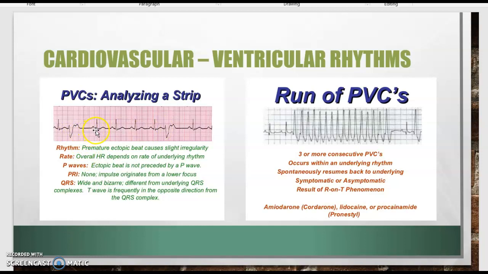You can measure out your PR interval, and just by glancing at it, it does not look like it goes over one of the big red boxes. And our QRS looks narrow. However, we have these two beats here that are abnormal. It is a wide and bizarre QRS complex, and this is a PVC.